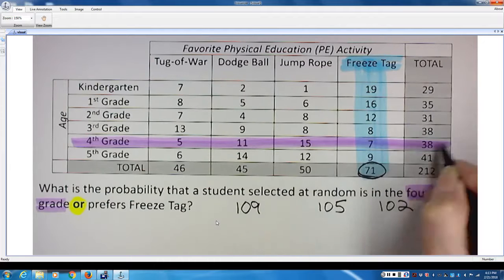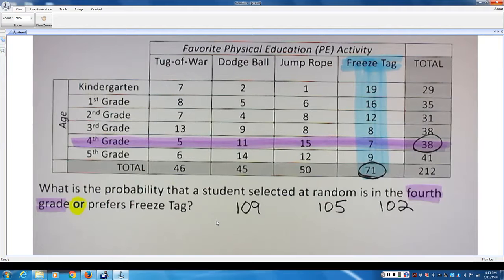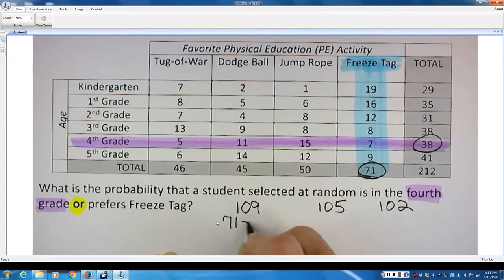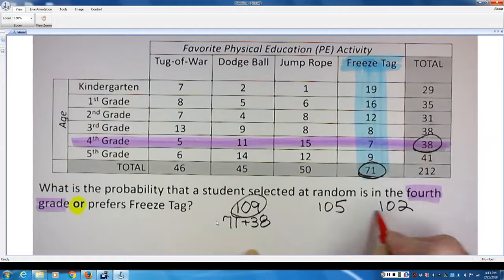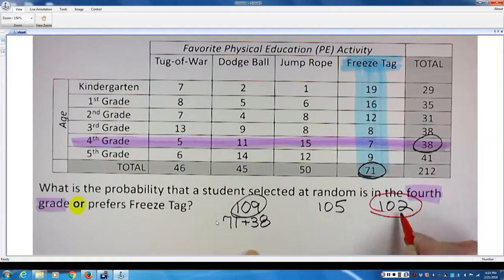What's 71 plus 38? So then the question is, why is this the right answer?